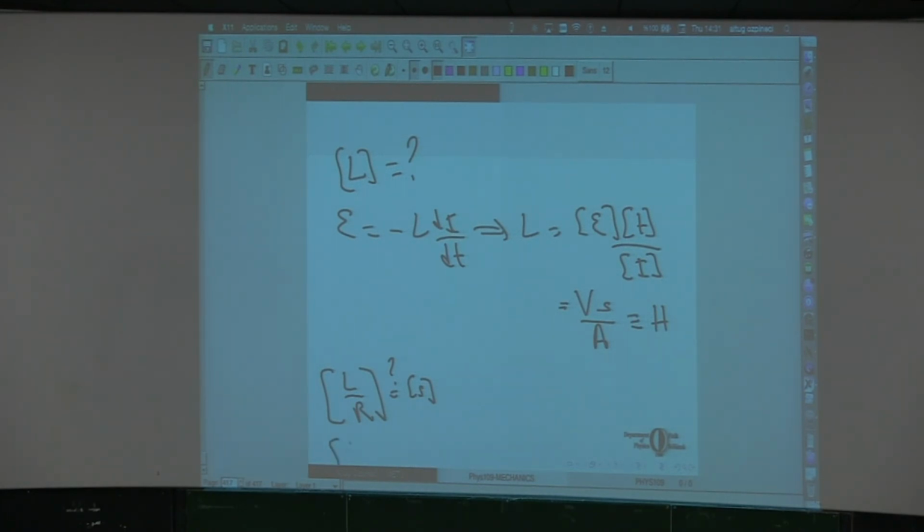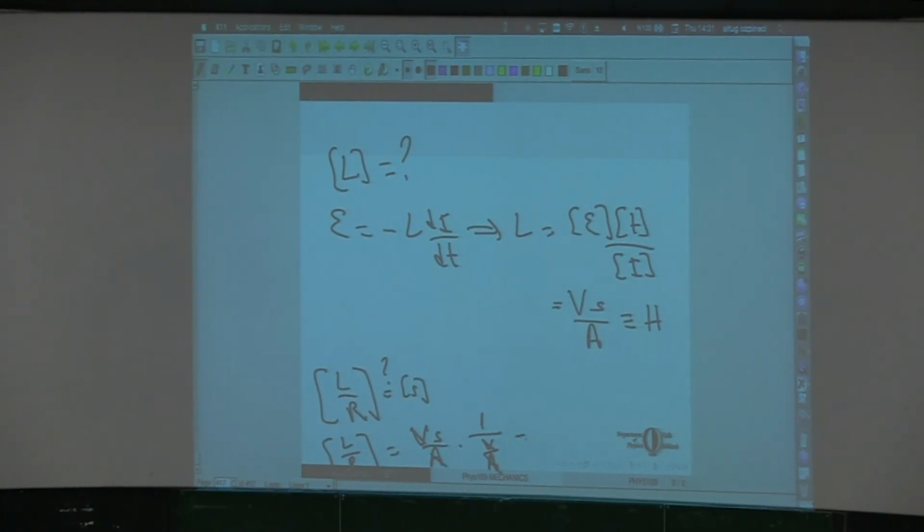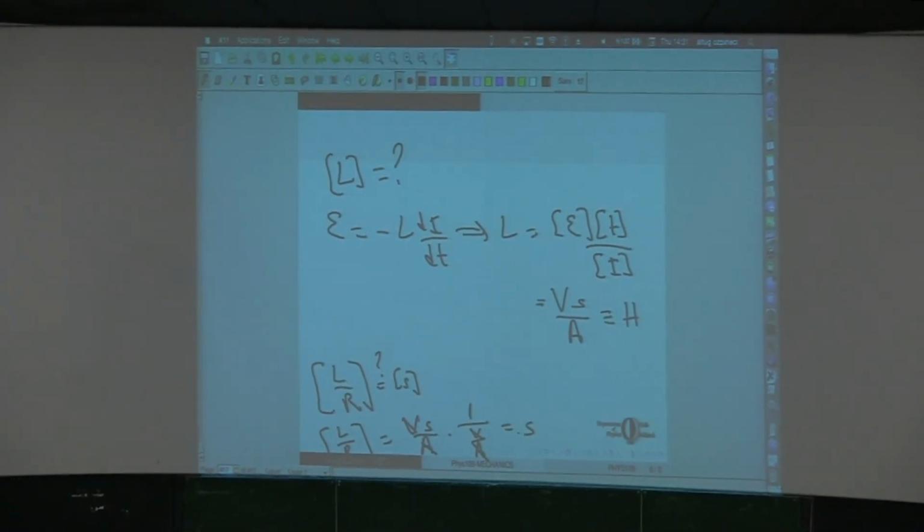L over R: we already calculated the unit of L, which is volts seconds per ampere. What is the unit of R? Resistance. It is ohms, which is volts per ampere. Volt cancels, amperes cancel, so its unit is seconds. So things seem to be correct.